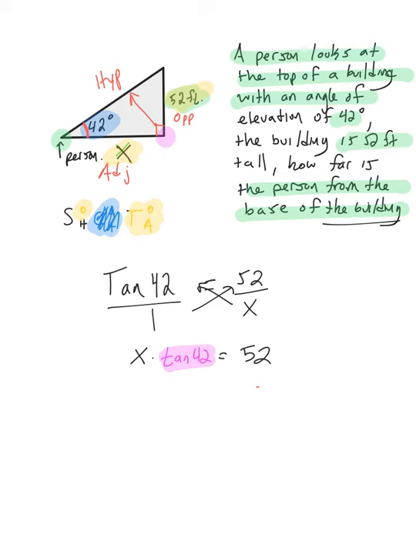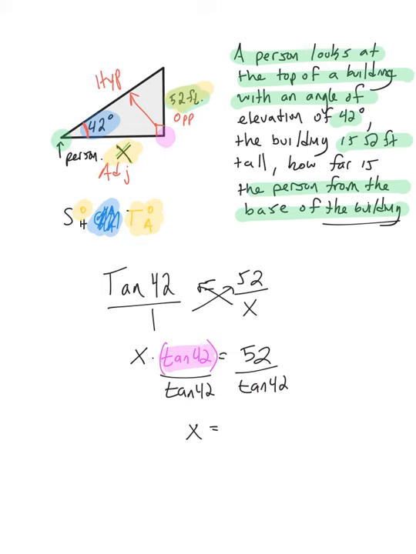I usually put parentheses around the trig function and the angle that it's with. We can't separate them. We're going to treat that as one number, which means, it's kind of nice actually, we could just divide by tan 42 on both sides. And we get x equals whatever 52 divided by tan 42 is in your calculator.